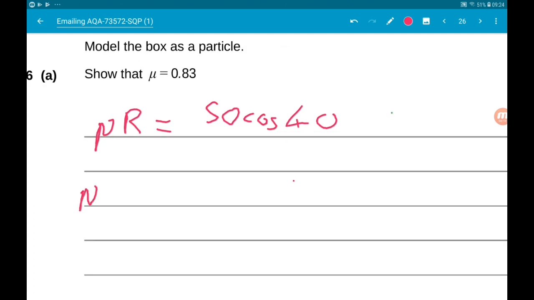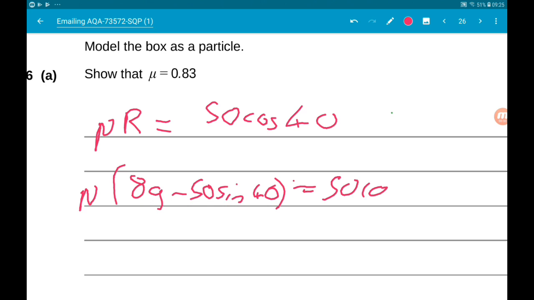So mu times 8g minus 50 sine of 40 is equal to 50 cos of 40.